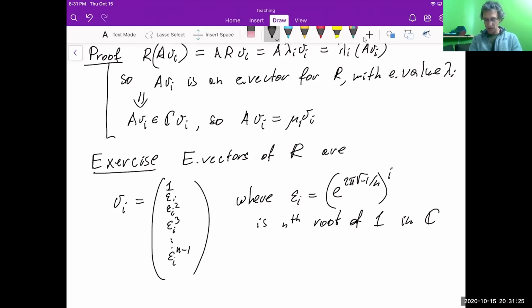For any n, there are exactly n roots of unity in C. Let's choose one of them. So whenever we have a root of unity, you can write this vector, which is just powers of this root of unity. And it's immediate that as you cyclically rotate the entries, your vector is multiplied just by the same epsilon.